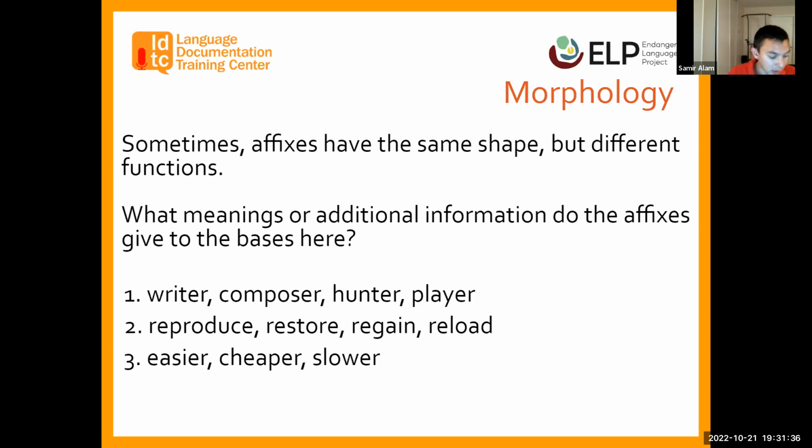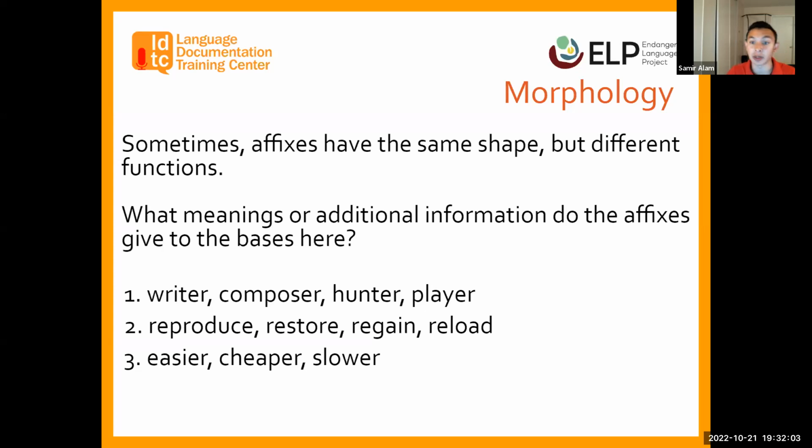For 2, we have R and E coming at the beginning of a word in a prefix form, right? So we have produce and we have reproduce, store, restore, gain, regain, load, reload. In this case, we have an R and an E again, but it's doing something completely different. So the RE is attaching to a verb, but it's not making a noun in this case.